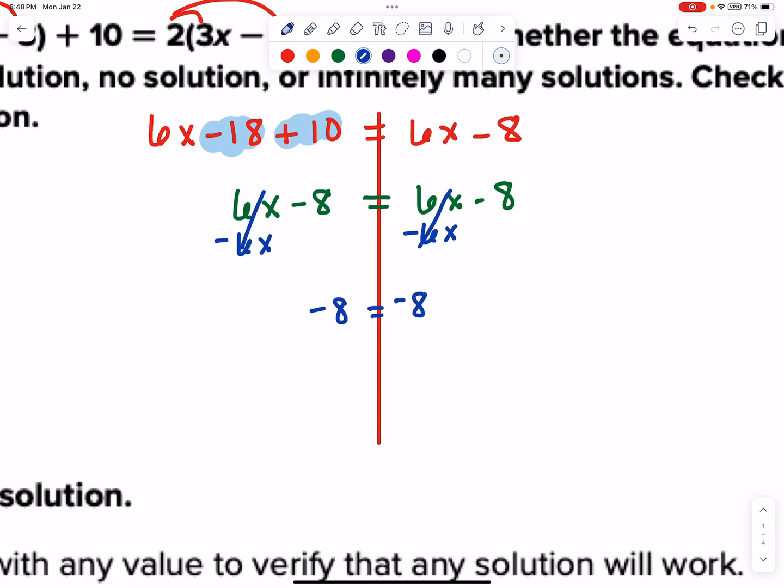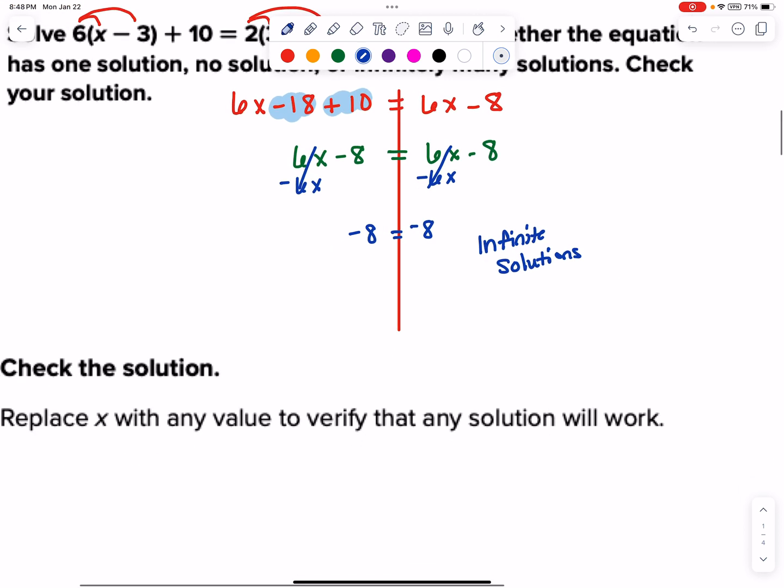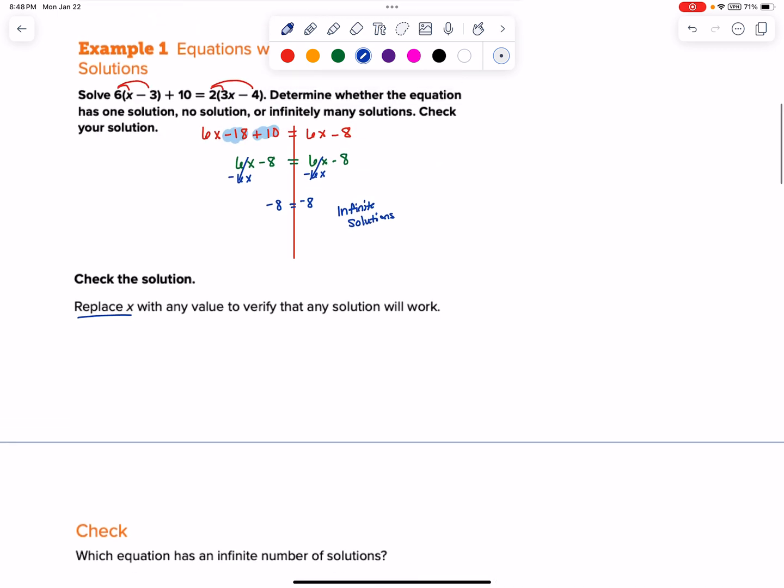Okay, and so this would be called infinite solutions. Okay, and so I want you to go ahead and write that, and you're done. Okay, and so it says check the solution, replace x with any value to verify that any solution would work. Okay, so you can go back up, and if we did this, 6 times the quantity of, let's just do, we'll keep it simple.